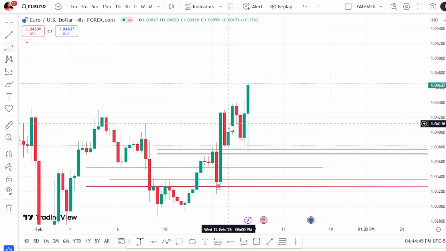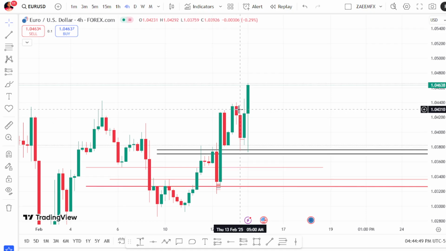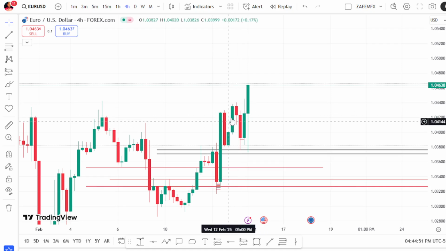As each candle is popping up, I'm monitoring what it has done, what is next, where is the next direction, what I want to see and what I don't want to see. All those will be on my mind. I'll be calculating: this is what I want to see, this is what I don't want to see.